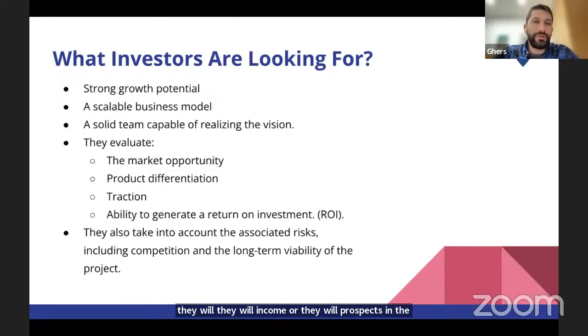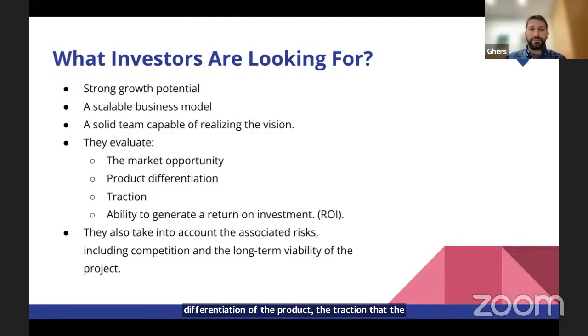So what are investors looking for? First thing, strong growth potential, which is scalable in the medium and long term. They are also looking, and do not underestimate this, for a solid team capable of realizing the vision that the founders have. They also evaluate the market opportunity, the differentiation of the product, the traction that the company already has, and the ability to generate ROI.